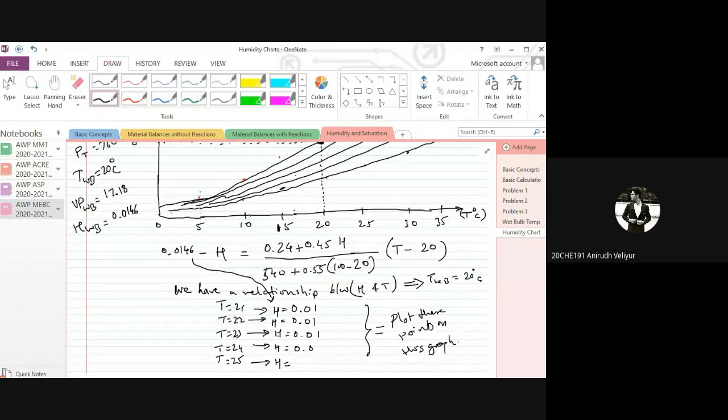Sir, up to how many decimal points? Sir, for 21 degrees, it would be 0.01458. You're not telling me up to 27 decimal points.